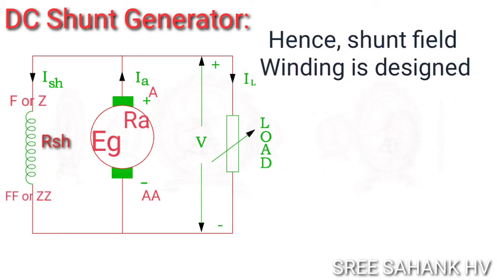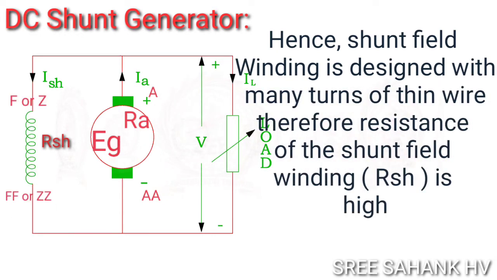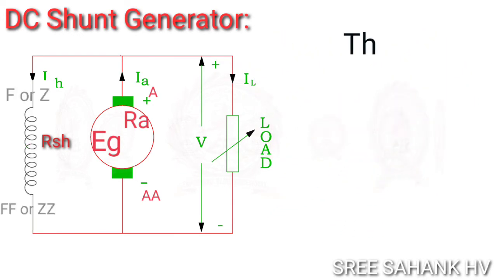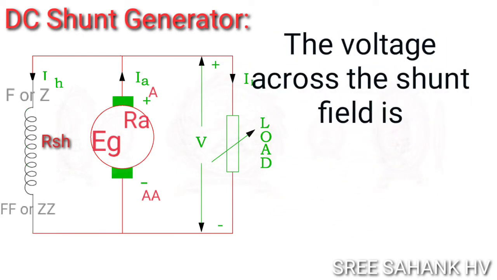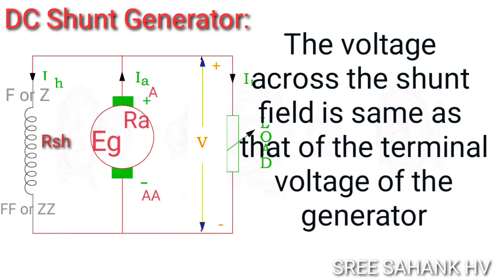Hence, shunt field winding is designed with many turns of thin wire. Therefore, resistance of the shunt field winding RSH is high, of the order of 100 ohm. Here, the voltage across the shunt field is the same as the terminal voltage of the generator.